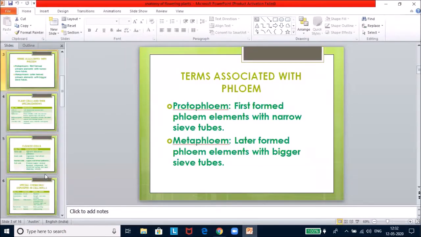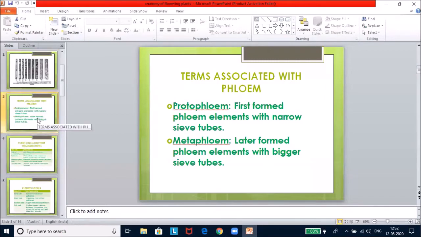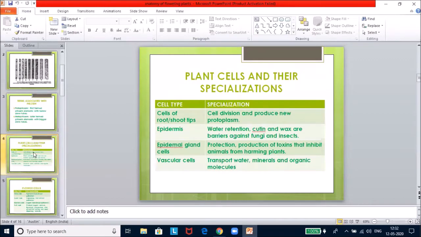Before we get into this, let us look into plant cells and their specialization. Before I get into the dicot root and stem, have a look at this and make a note of it, because for 1 markers they have asked questions that could be game changers. Cells of root or shoot tips specialize for cell division and produce new protoplasm.